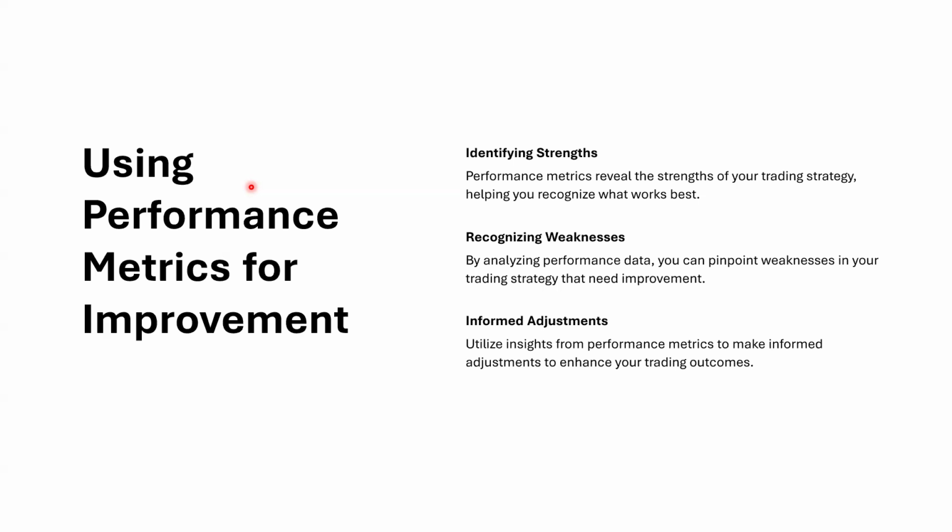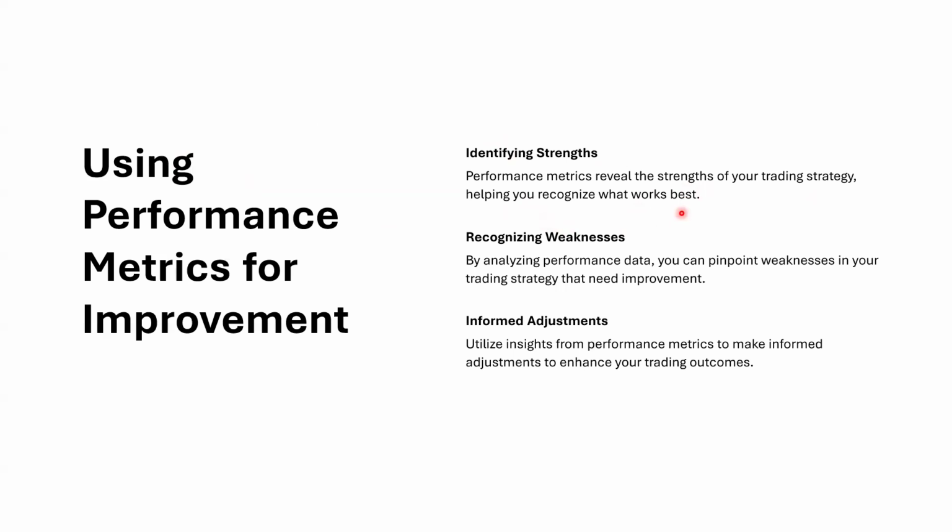If you go into the market with a risk reward of 1 to 2, you must be able to determine what to win and what to lose, and come out profitable. If your objectives are not met and you try it the first time, the second time, you are gathering your metrics. If you're able to identify your strengths through that, then performance metrics reveal the strength of your trading strategy, helping you recognize what works best.